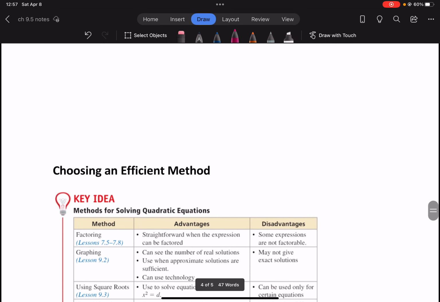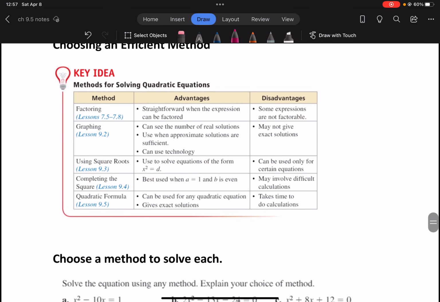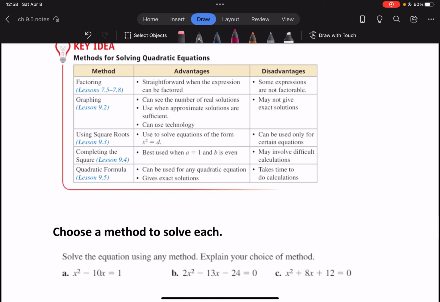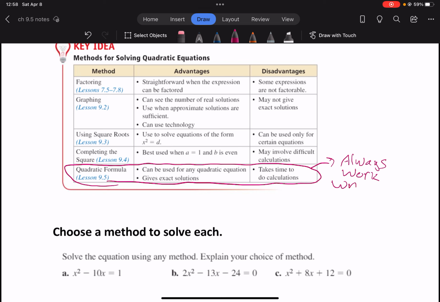So let's go ahead and look at the methods. So we want to choose the best method. And generally for myself, as long as I have it equaling 0, you can always do the quadratic formula. This one will always work when equaling 0.